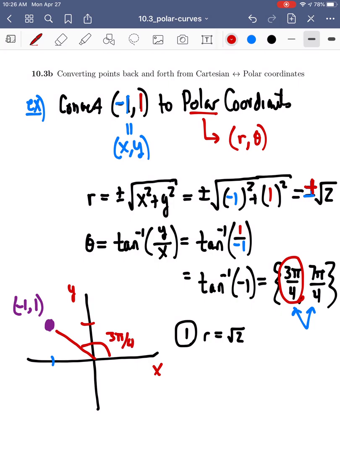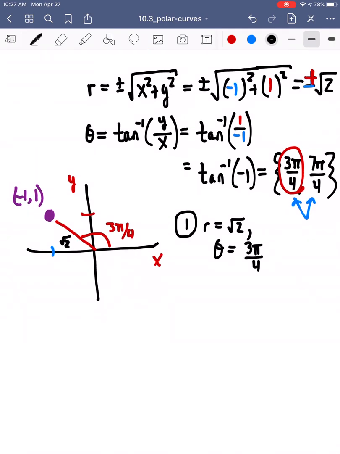So we can do this combination of r equals square root of 2 and theta equals 3 pi over 4. Again, because we're a positive distance from the origin, and we're at an angle of 3 pi over 4, that'll place us into the second quadrant.